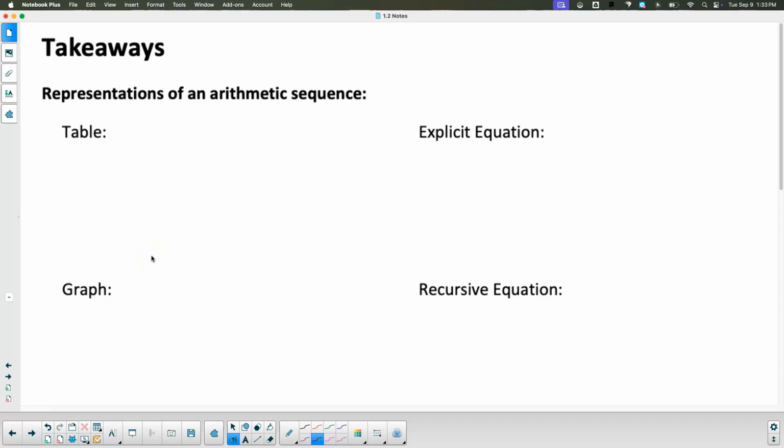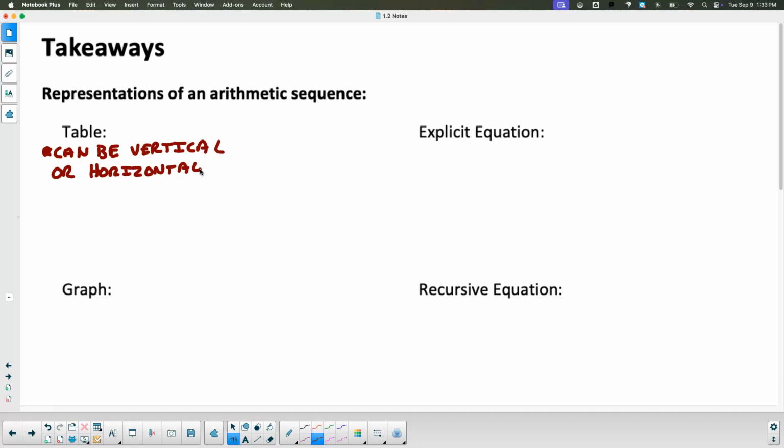So, a couple of things to take away from today. A table can be vertical or horizontal, but it's got 2 rows or columns in it, depending on verticality or horizontalness. We didn't talk about the graph today, but that's fine.